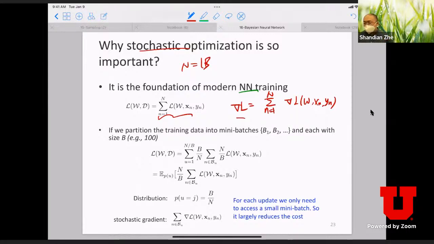If you partition the whole training set, I can partition it into many small mini batches.